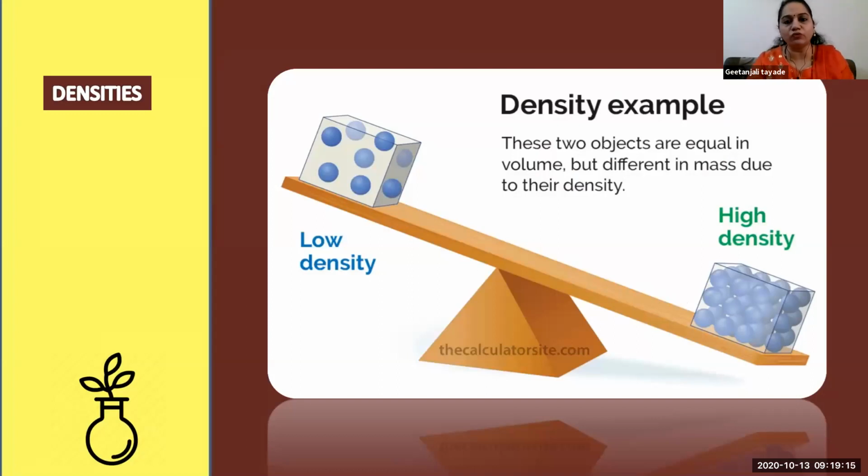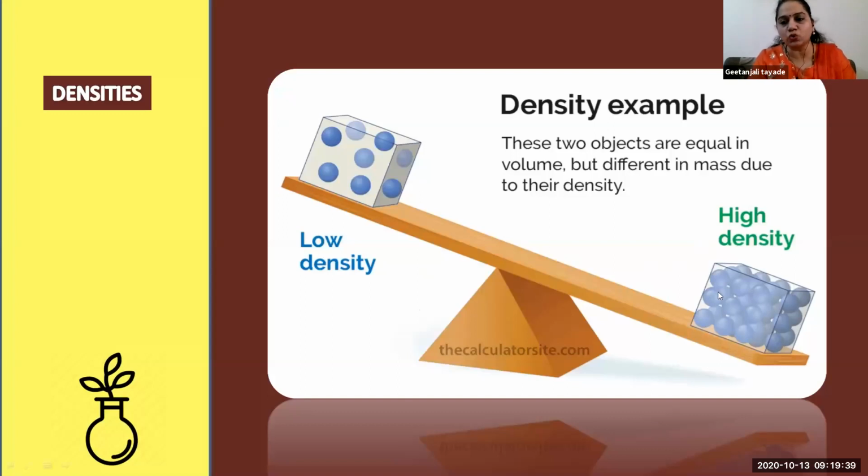Though they are equal in volume, and equal in shape, height and everything, one is heavier and the other is lower in weight. That means they are different in mass due to their density. Why are they different? Because this material has less mass and the heavier one has more mass.